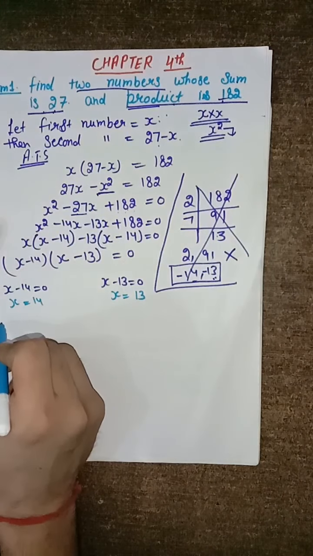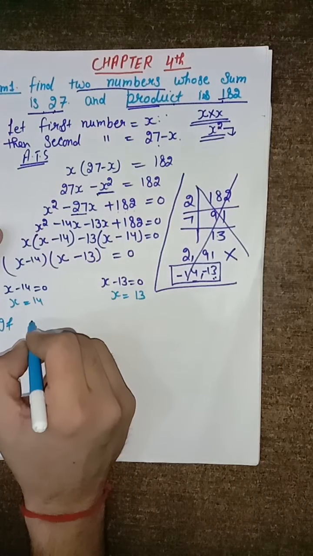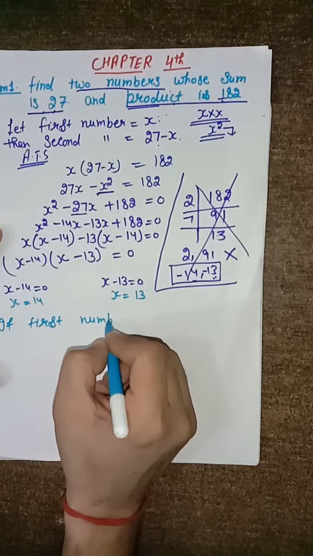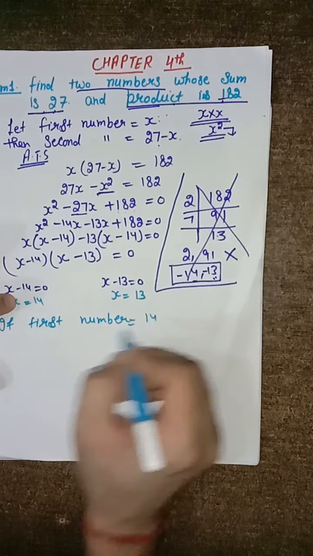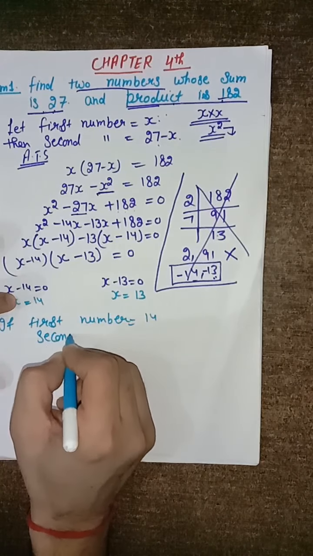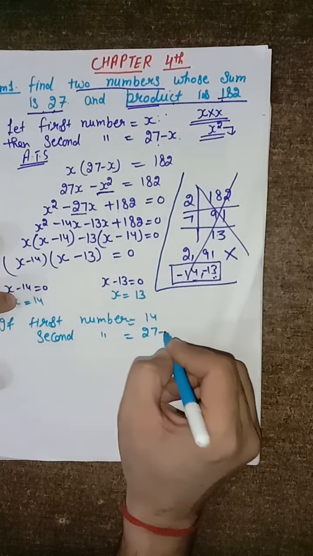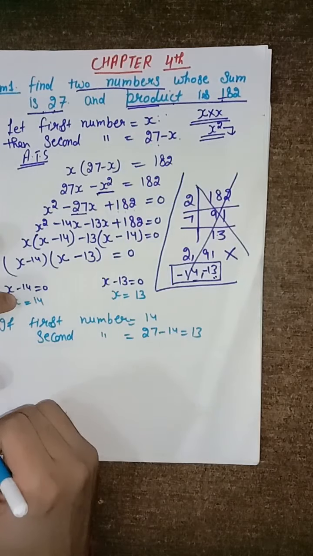So if my first number is 14, then second number will be 27 minus x, then 27 minus 14 equals 13.